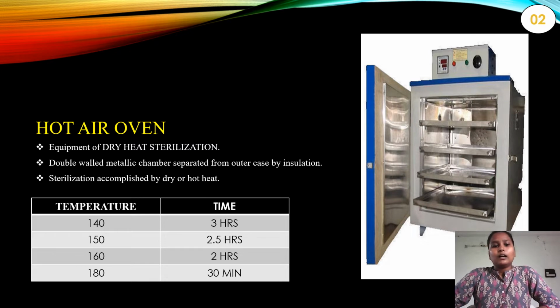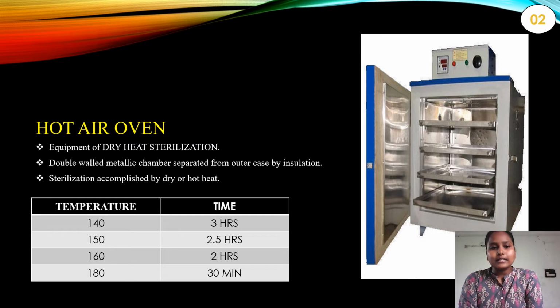But we cannot go with the higher temperatures always, because depending on the material, we need to go. If some materials are not compatible with higher temperatures, then they will get decomposed. So based on the nature of the material, we reduce or increase the temperature and time. For example, at 140 degrees Celsius, the time required to sterilize the materials is 3 hours, whereas at 180 degrees Celsius, it is 30 minutes.